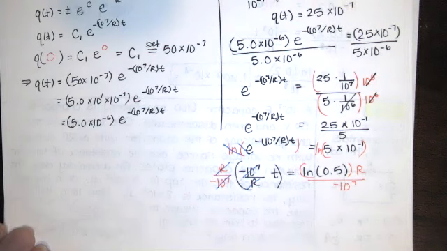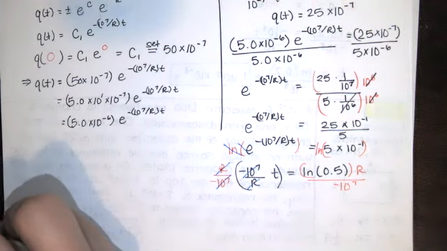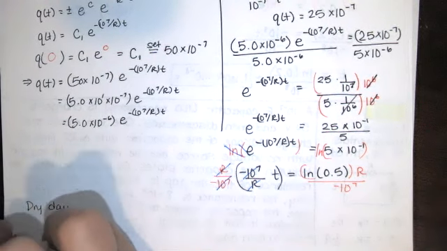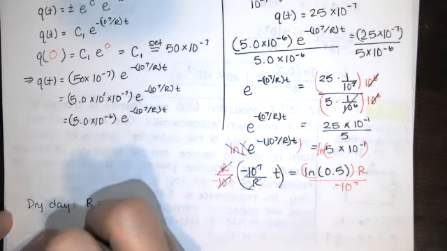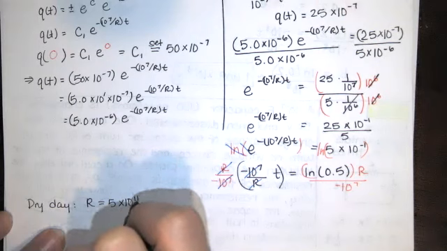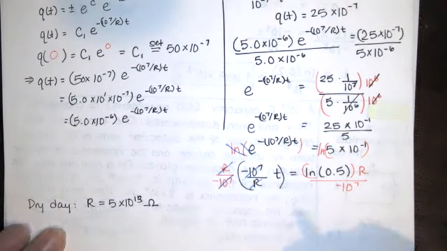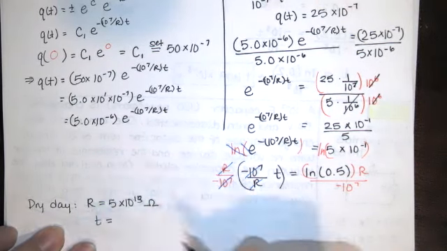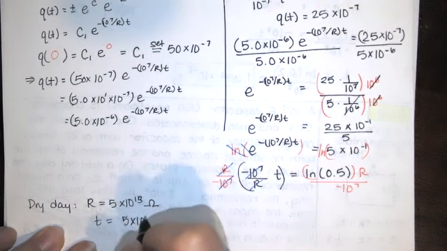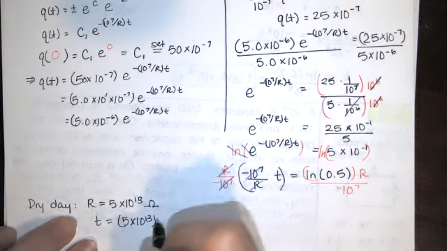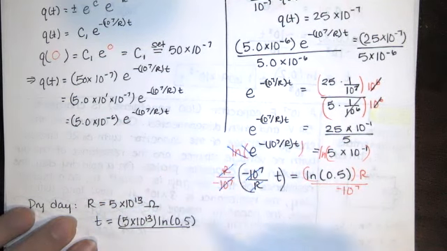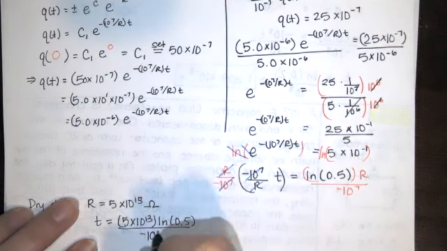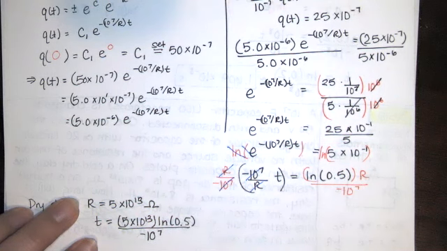So on the dry day, the resistance was 5 times 10 to the 13th ohms. So we'll have t equals 5 times 10 to the 13th times log of 0.5 divided by negative 10 to the 7th.